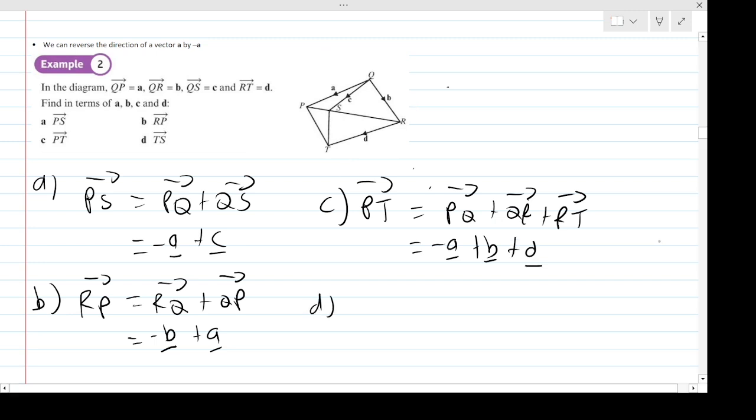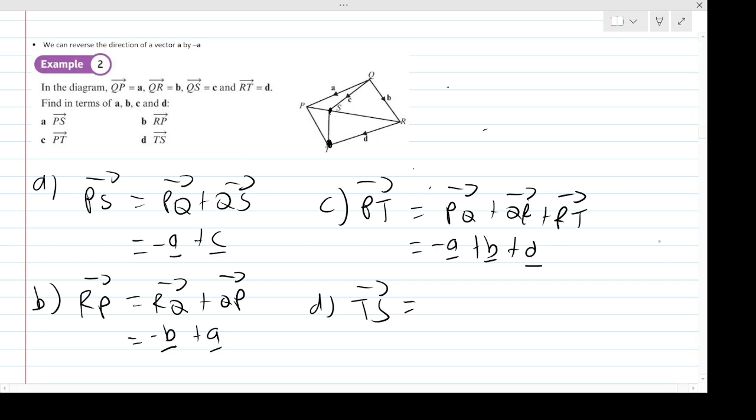Then lastly, I need T to S. So T to S, obviously we start at T, end at S. So obviously the direct vector would be there, but as always, it's not that simple because there's no vector there. So I need to find another way of going from T to S. So I need to find the path that I know the vectors for.